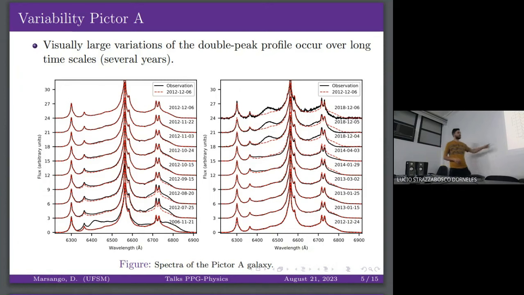For example, compare the spectrum of 2006 and the spectrum of 2012. In the bottom left panel, it's possible to identify significant variations in the form and the flux of the double peak profile. When comparing observations separated by months, it's possible to identify variation, but this variation is weaker.